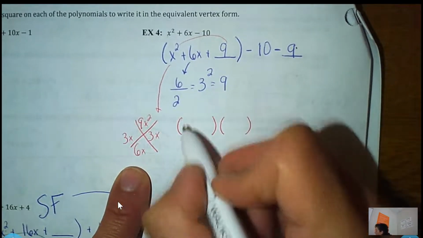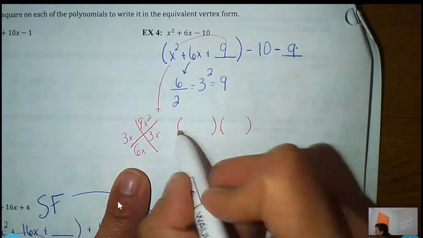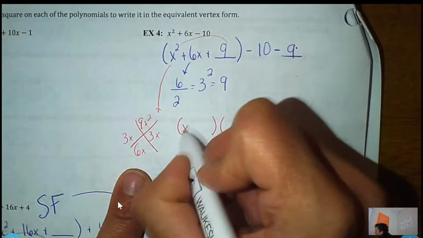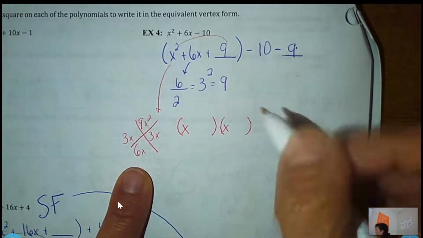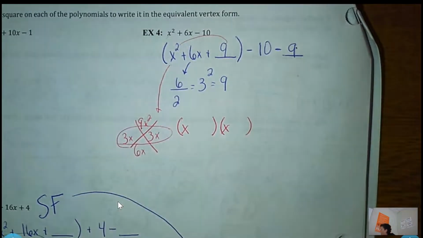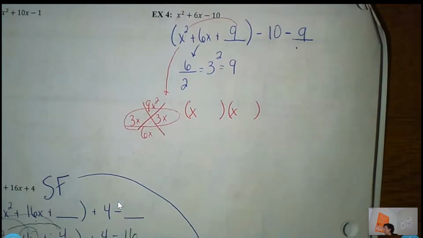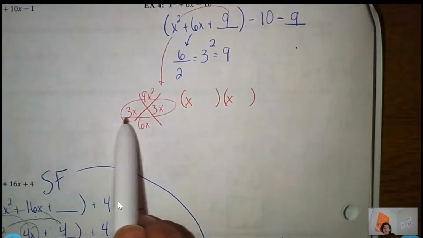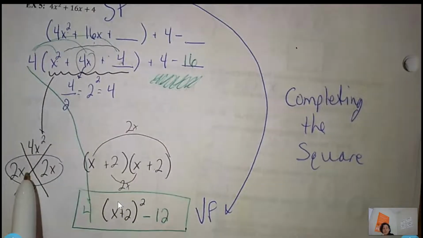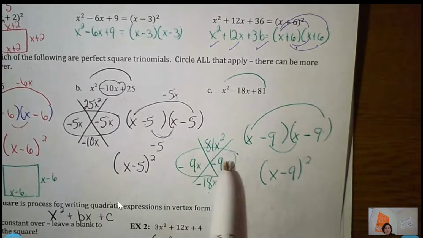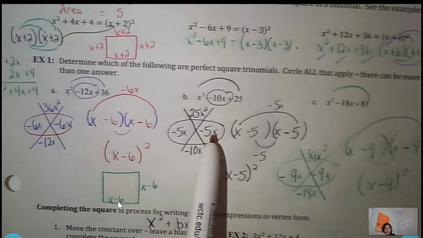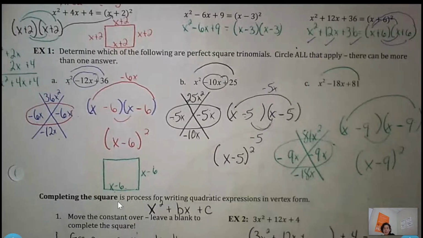And so again, the neighbors that I worry about first are that give me my leading term of x squared, so that's x and x. And now I'm worried about the side numbers. So the first thing, again, that's really important is that these side numbers are always the same. 2 and 2, 2 and 2, negative 9 and negative 9, negative 5 and negative 5, negative 6 and negative 6.